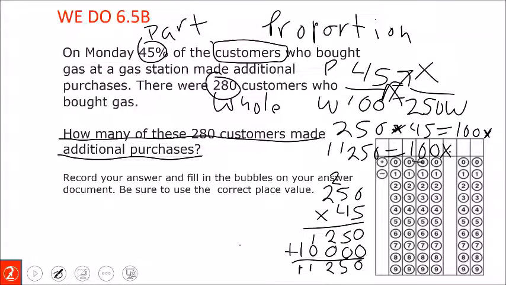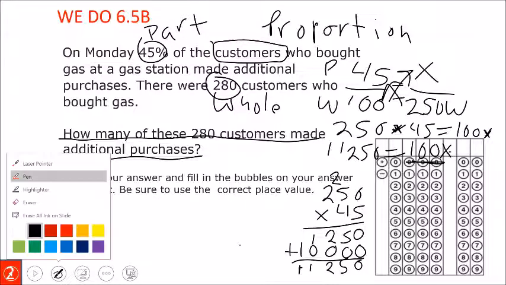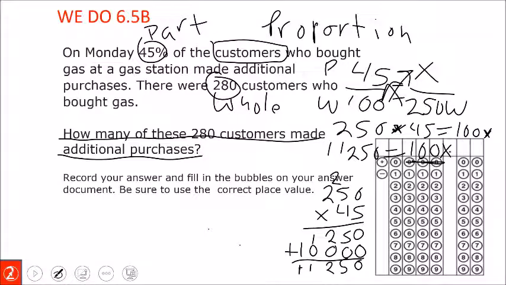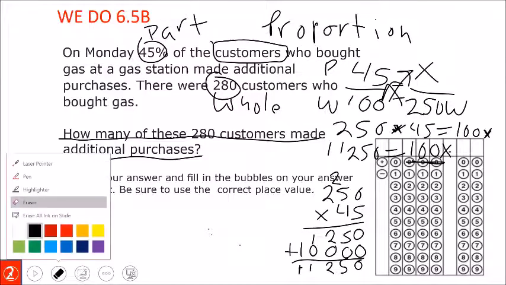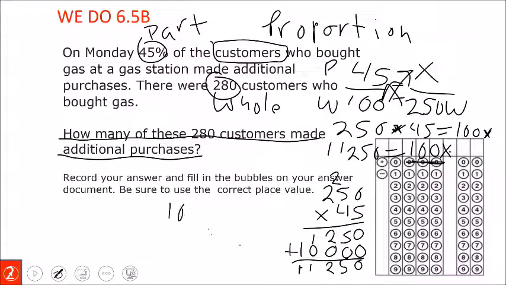We're going to isolate x, and I'm going to move my answers down here. So 100x equals 11250.